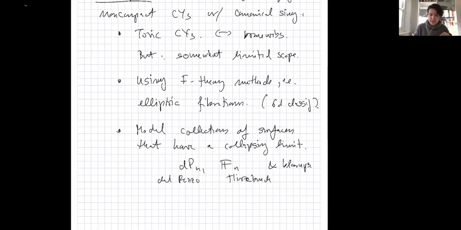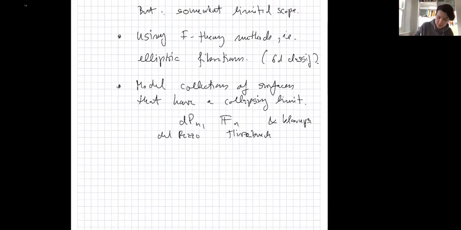Blow-ups in that case means just blowing up further P1s on these geometries. And then we could construct examples by gluing together surfaces. That doesn't construct for you the geometry, but it certainly gives you a large class of CFTs in this way.